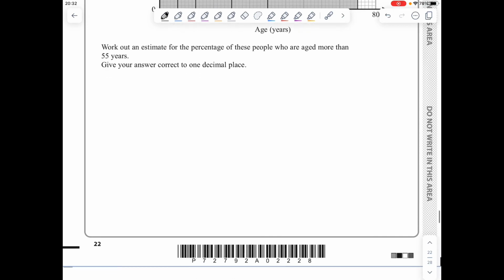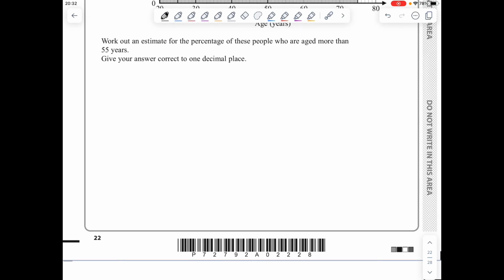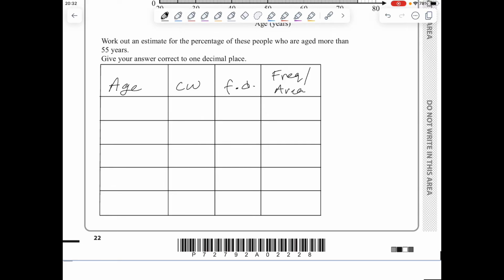So coming down here, I will create a frequency table. Now my age groups are 20 to 25, 25 to 30, 30 to 40, 40 to 50, and 50 to 75.